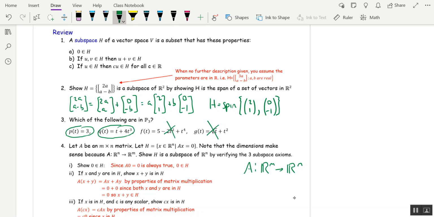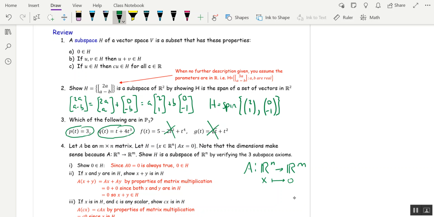If A is M by N, this is N, and this is M over here. The set of vectors in Rn, so the set of vectors over here that go to 0 over here, that set of vectors forms a vector space. So the set of all x in Rn such that Ax equals 0. We can verify this very easily by just looking at the three requirements of being a subspace.